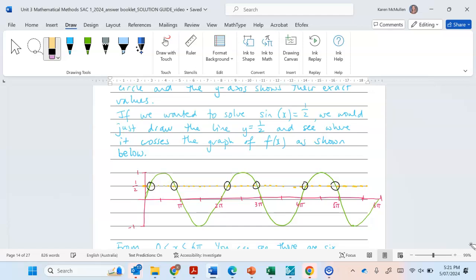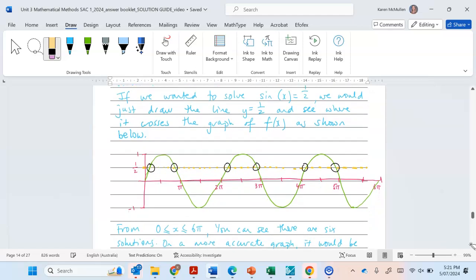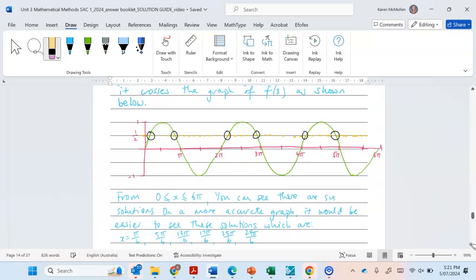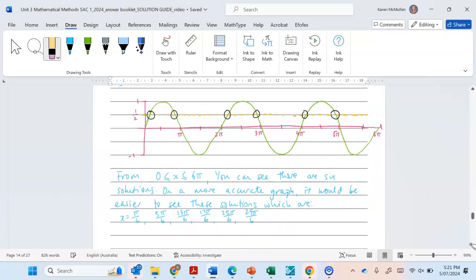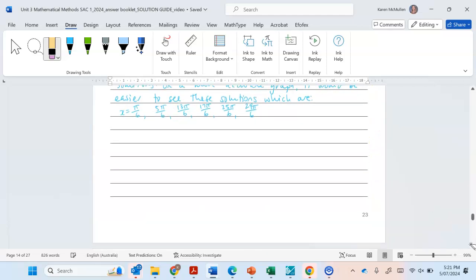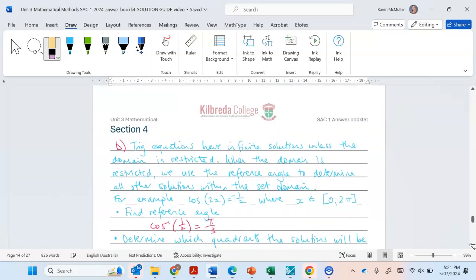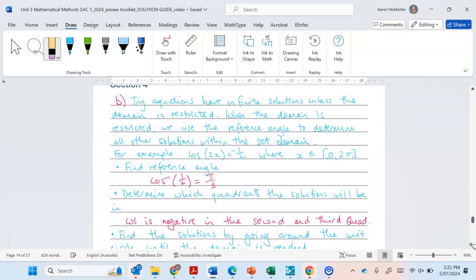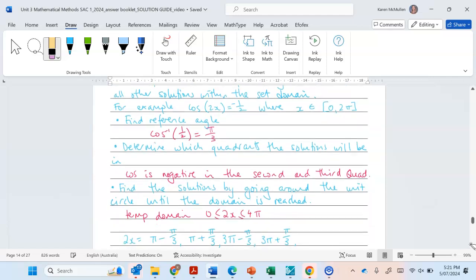If you did say where it crosses the x-intercept, I didn't really penalize you too much, but remember that's not necessarily true. It's only if it was equal to 0. Talking about solutions was really good.